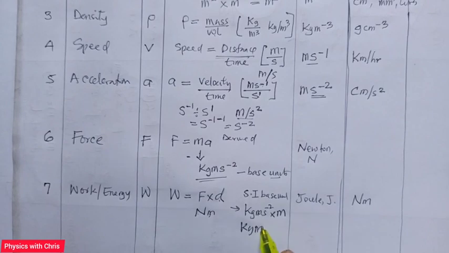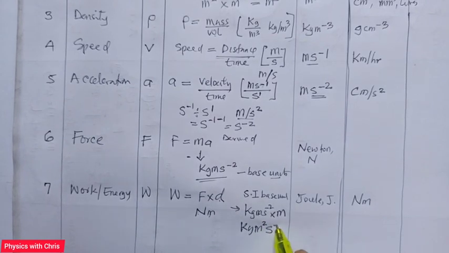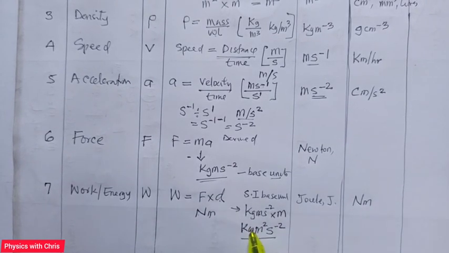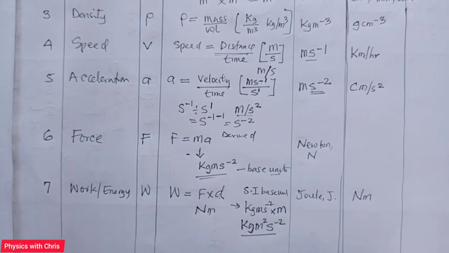That gives us meter squared s minus 2. So this gives the SI base unit of work done, kilogram meter squared per second squared, because meter multiplied by meter, the rule says that when you multiply two indices, their powers add. Their power is 1, so 1 plus 1 gives us 2.